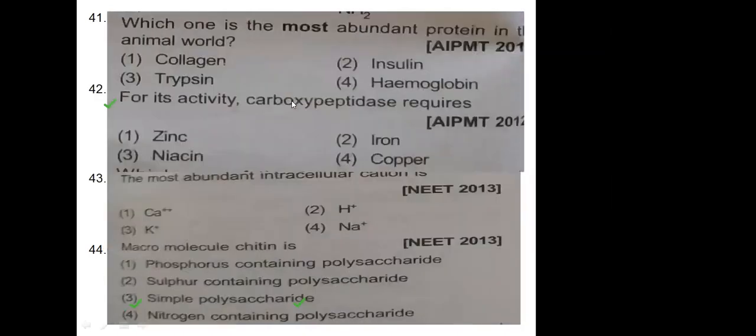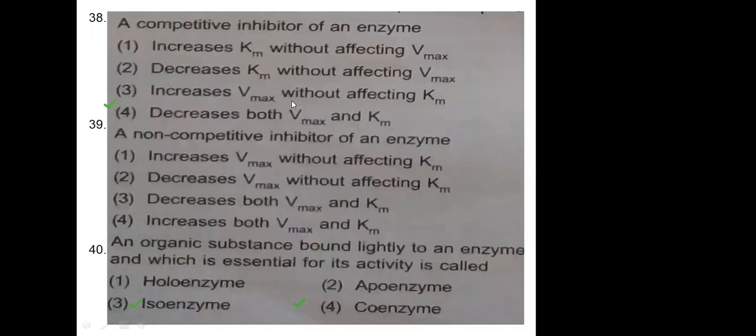A competitive inhibitor of an enzyme: increases the Michaelis-Menten constant without affecting the velocity; decreases the Michaelis-Menten constant without affecting the velocity; increases the Michaelis-Menten constant without affecting the Vmax; decreases both Vmax and Km.